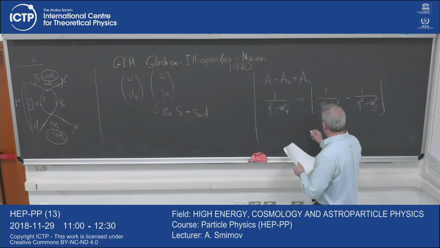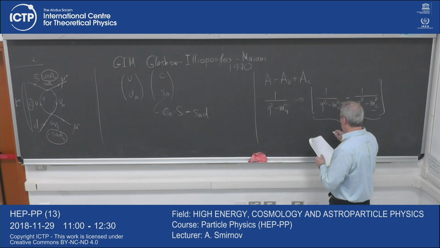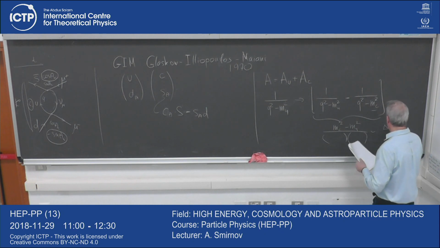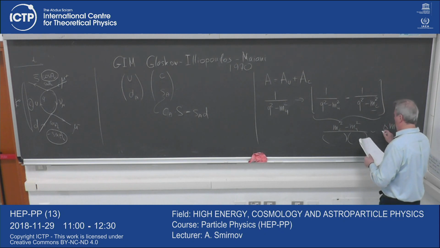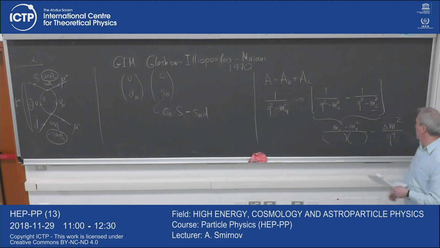So this expression can be written as m_c squared minus m_u squared, and then these two propagators, and that can be written as delta m squared over q to the fourth power, if I neglect these masses here in the denominator.